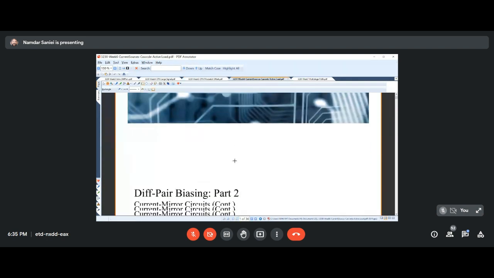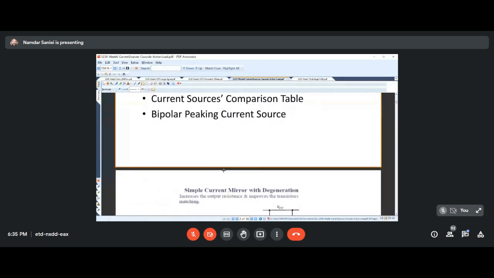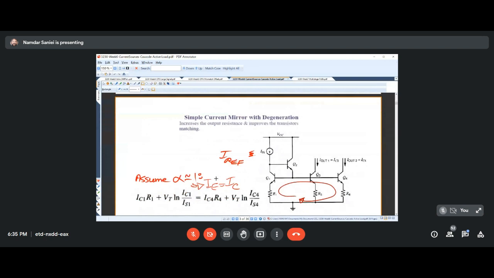Then we continue with other types of current sources. We explored one that was basically the same simple current mirror current source, except in the emitters we had introduced a small resistance.